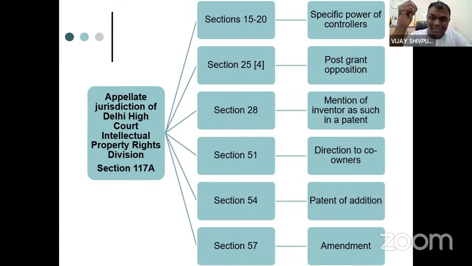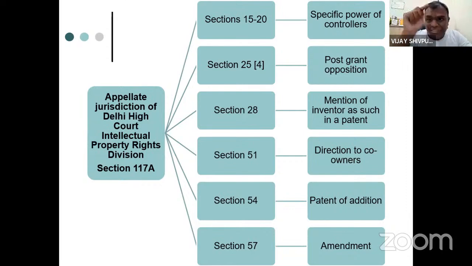The abandonment or refusal are two separate things. If that application is abandoned, once I miss the deadline, I cannot appeal that to IPAB or the Delhi High Court Intellectual Property Rights Division, because it's from my end, right?